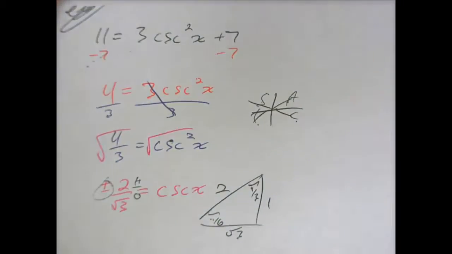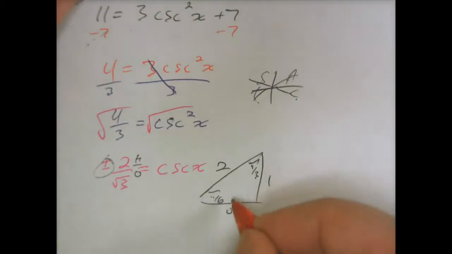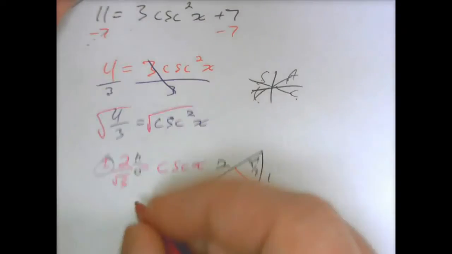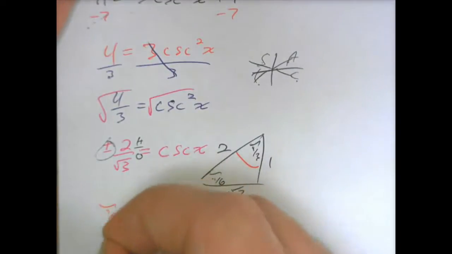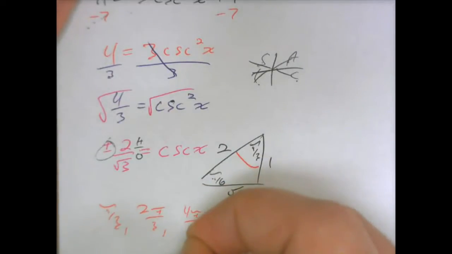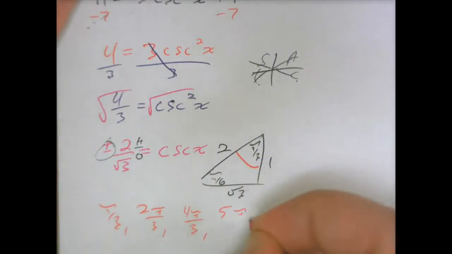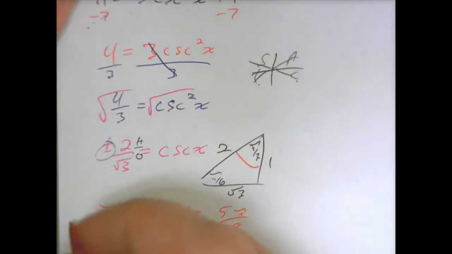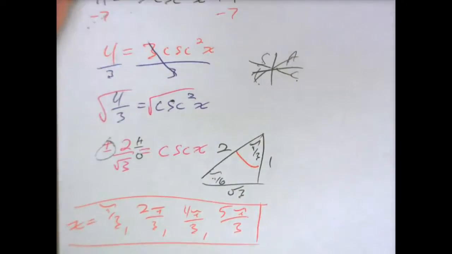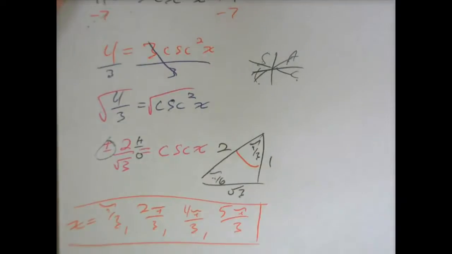So the reference angle is pi over 3. 2 pi over 3 is the one in the second quadrant, 4 pi over 3 is the one in the third quadrant, and 5 pi over 3 is the one in the fourth quadrant. So there are our solutions. Make sure when you take the square root, you put the plus or minus, otherwise you are missing half of your solutions.